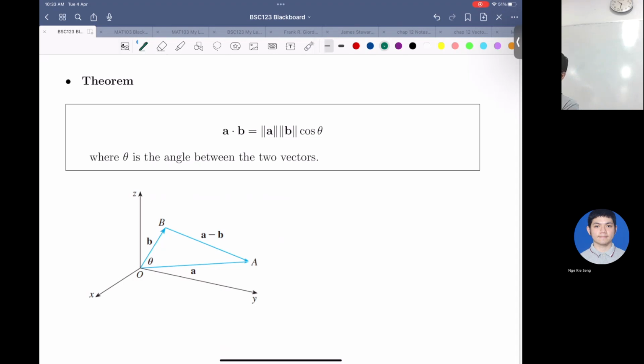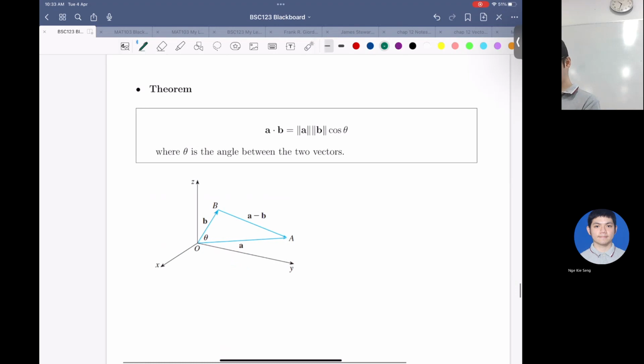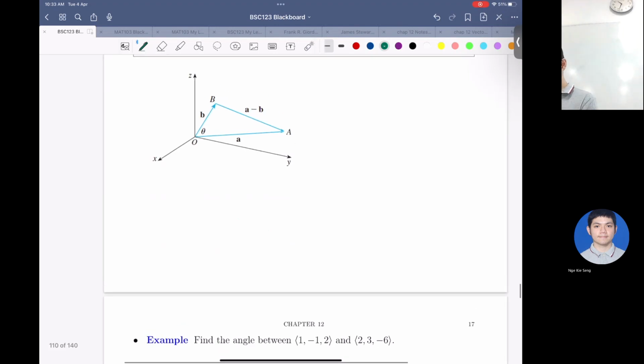So cos theta must be 0, because A and B are non-zero vectors. When is cos theta 0? When theta is pi over 2 or 3 pi over 2, but in either direction it's pi over 2 to each other. So it's 90 degrees.